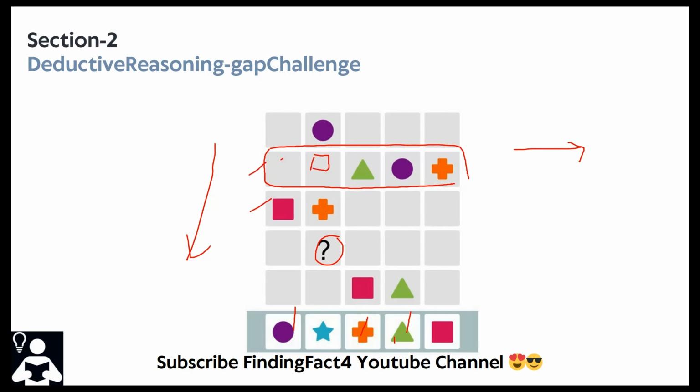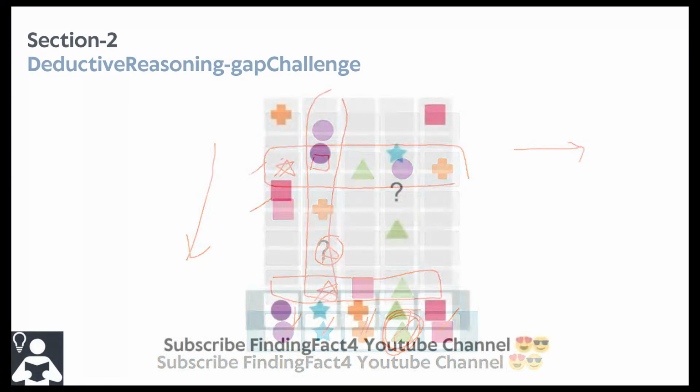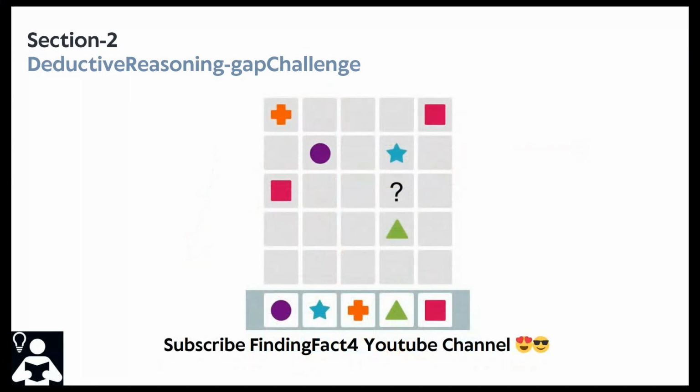So we place square over here, and the remaining is star in this place. Coming to this row, we find circle, square, and plus. We need to fill it with a star as well as a triangle. As a triangle is already present over here, it cannot be replaced again. So a star comes here and a triangle comes here. So our answer is triangle. Similarly, you can try this out.